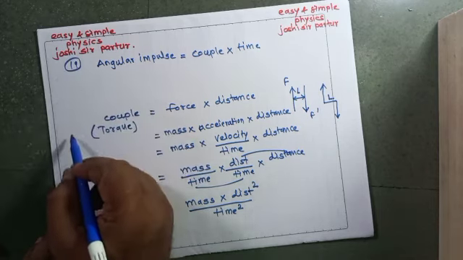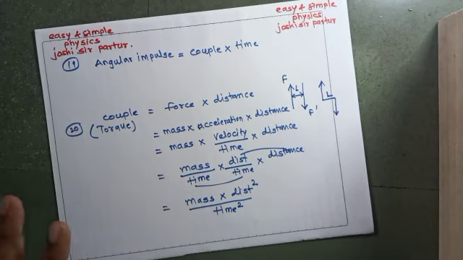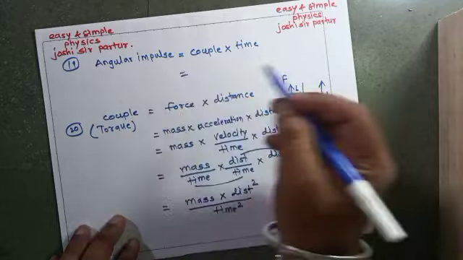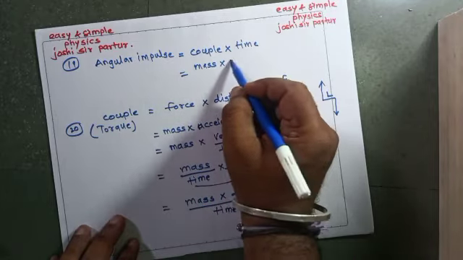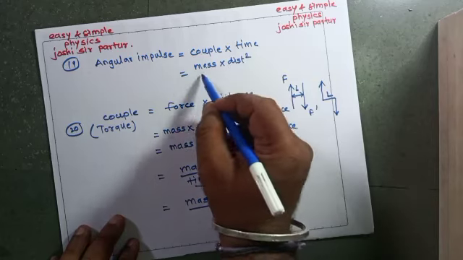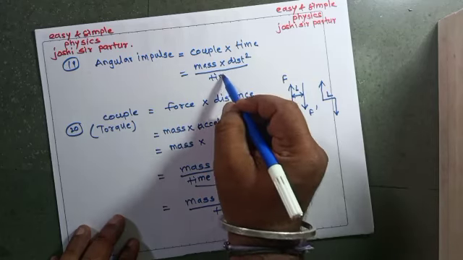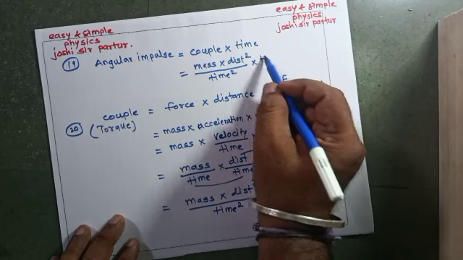That is the 19th and that is the 20th. So couple is mass multiplied by distance square divided by time square, multiplied by time.